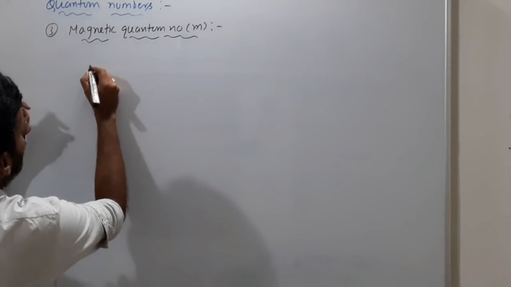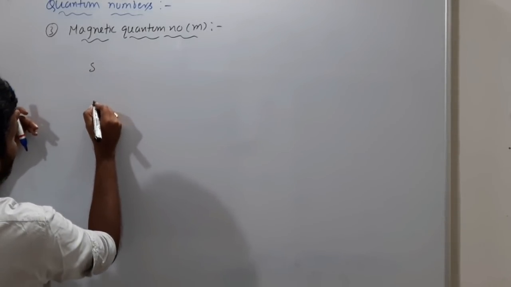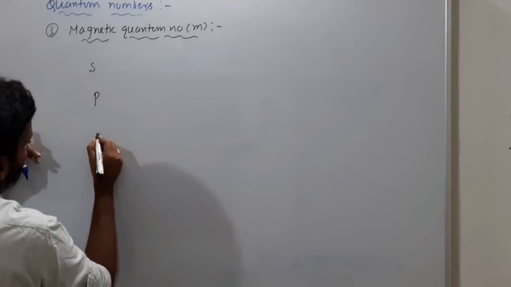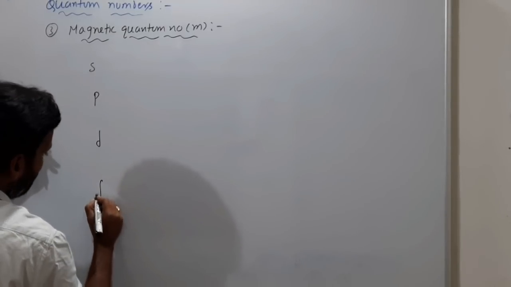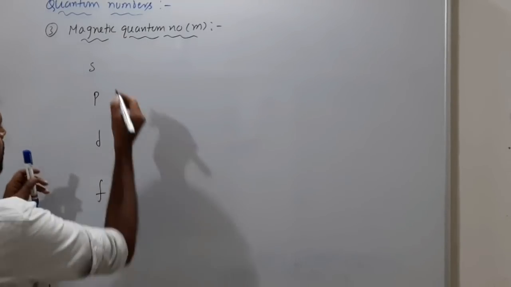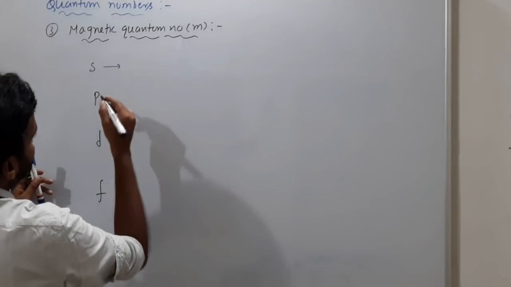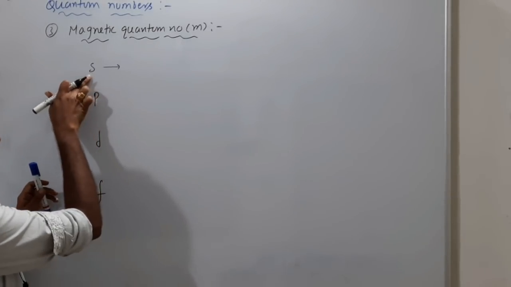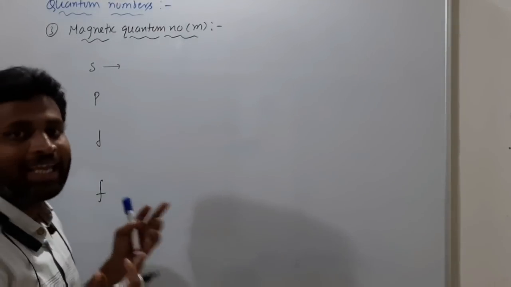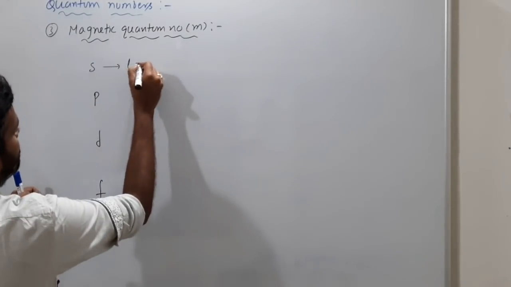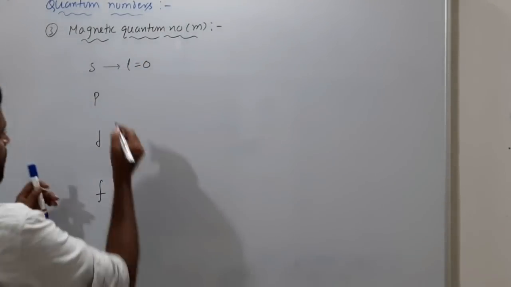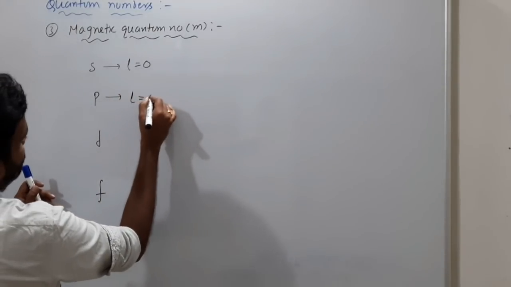I'll talk about the s subshell, p subshell, d subshell and f subshell. For s, any s, whether this is 1s or 2s, the l value is 0. I told you already. For p, the l value is 1.